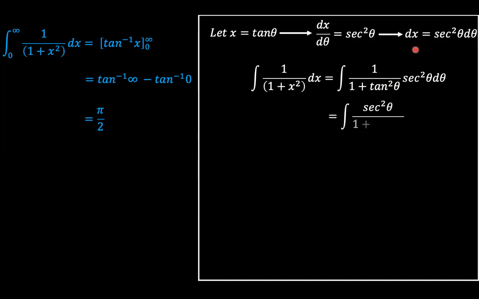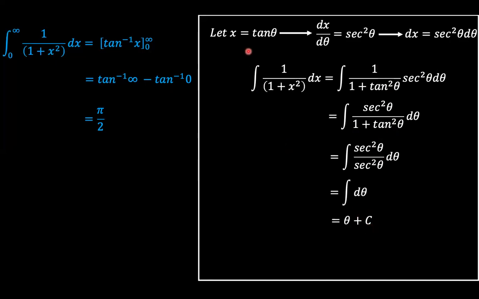So in the numerator, this sec squared theta climbs up here, and now we have 1 plus tan squared theta in the denominator. For those of us who know these identities, 1 plus tan squared theta is the same as sec squared theta. So the sec squared theta terms cancel, and we are left with the integral of d theta, which means the answer is theta plus the integration constant.